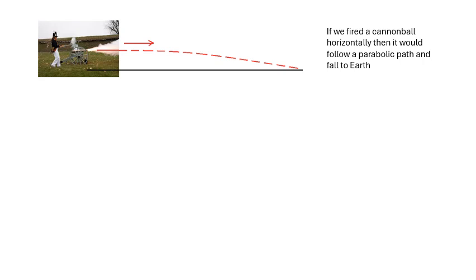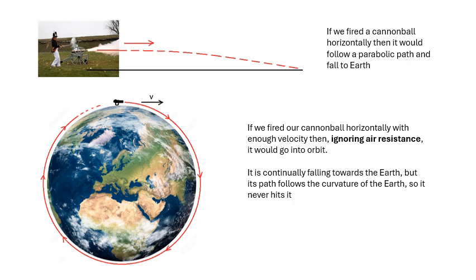Okay, now, if we fire a cannonball, do this in your back garden. If we fire a cannonball horizontally, then it follows a parabolic path and it falls to Earth. You did projectiles in the first year, okay? Now, if we fire our cannonball horizontally fast enough, if we give it enough velocity, then ignoring air resistance, it's going to go into orbit.